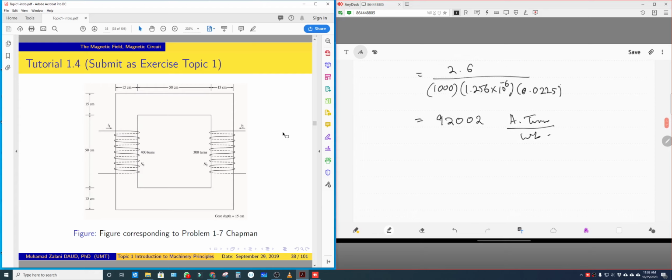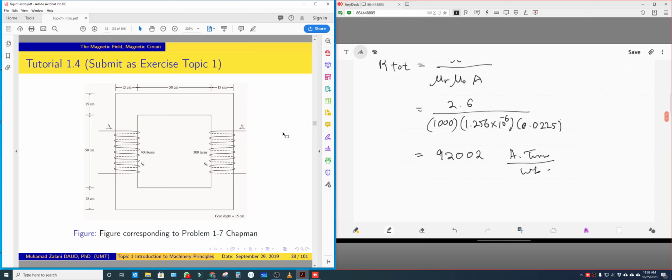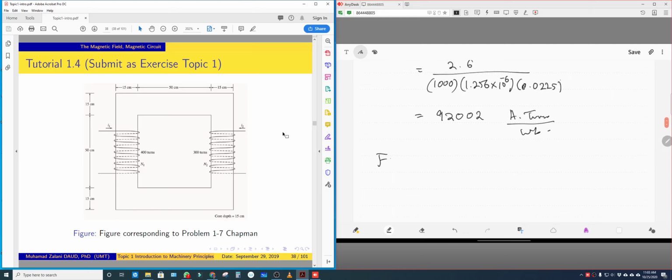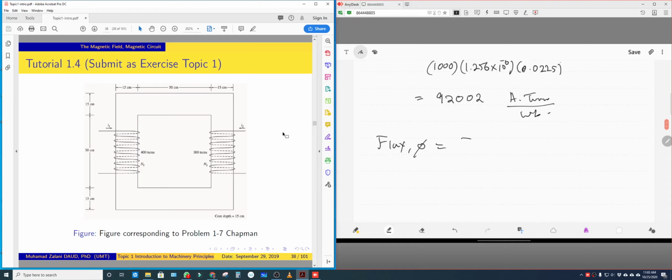Okay, next, once we get the total reluctance, we can find the flux, which is what the question wants us to find. The flux is F total divided by R total.